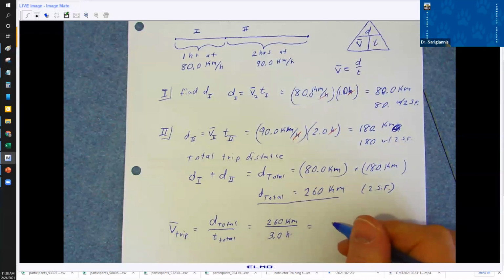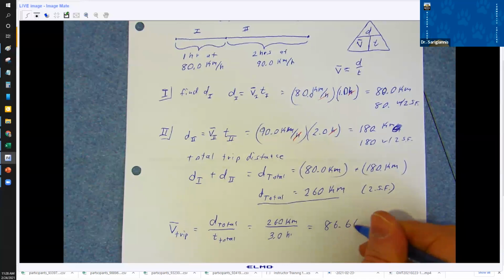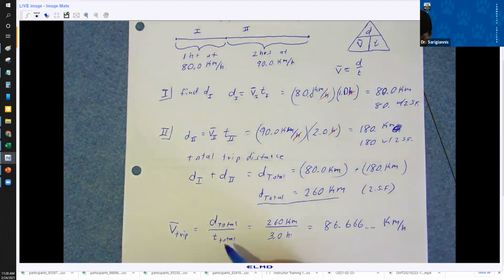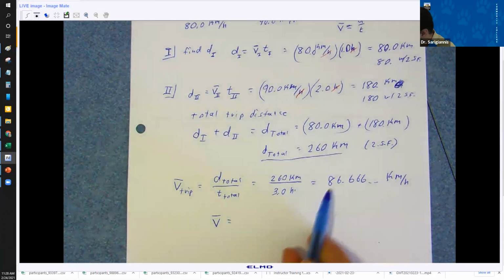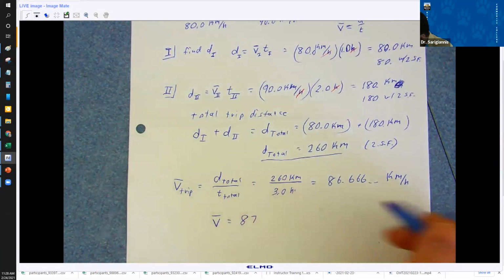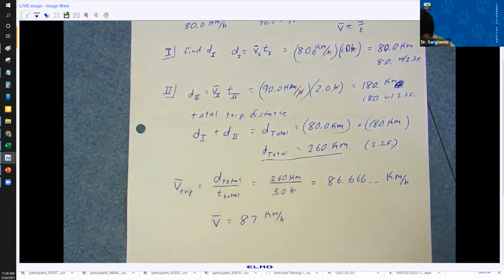And this gives us 86.666, etc. I'm not going to use the bar, kilometers per hour. So our average speed is now, looking at two significant figures, 87 kilometers per hour.